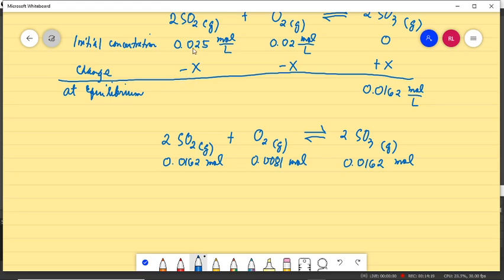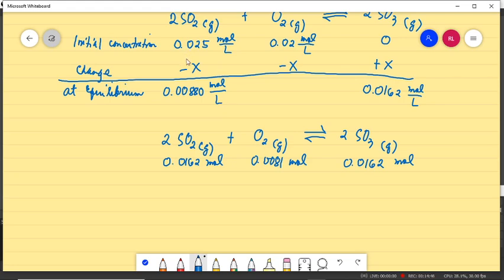So you have 0.25 plus negative 0.162, and that is 0.00880 mole per liter.